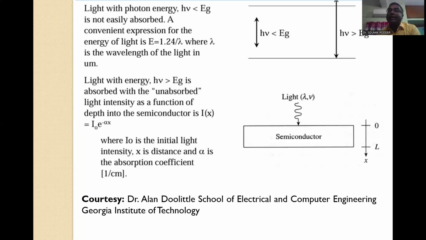When the electrons go to the conduction band, obviously a corresponding vacant site is created inside the valence band, and that vacant site, we know, is a positive charge carrier, the hole. So this is the process by which we can generate electron-hole pairs.